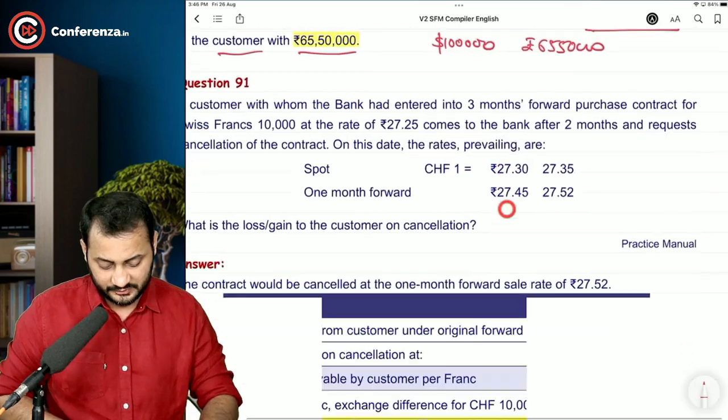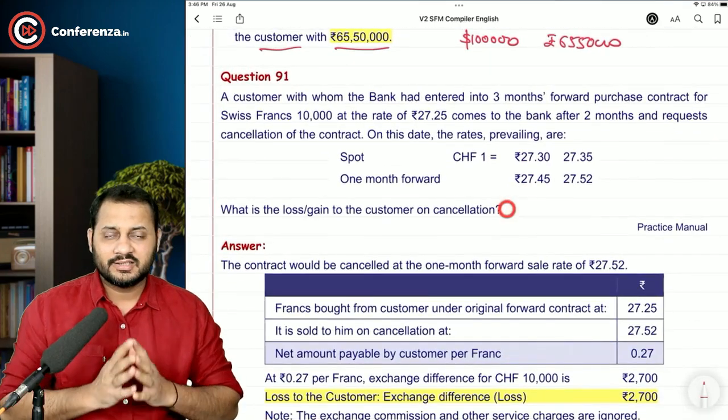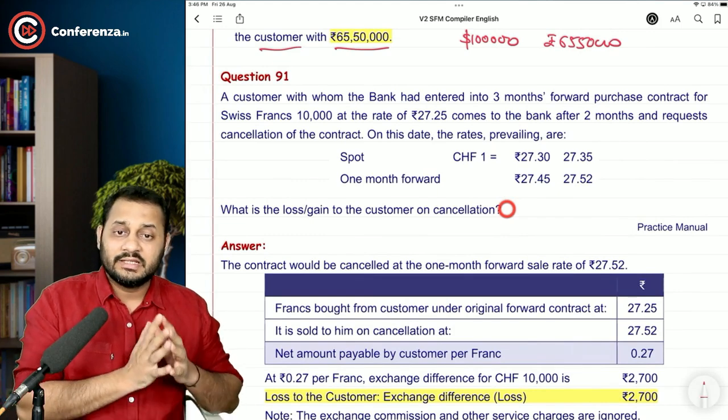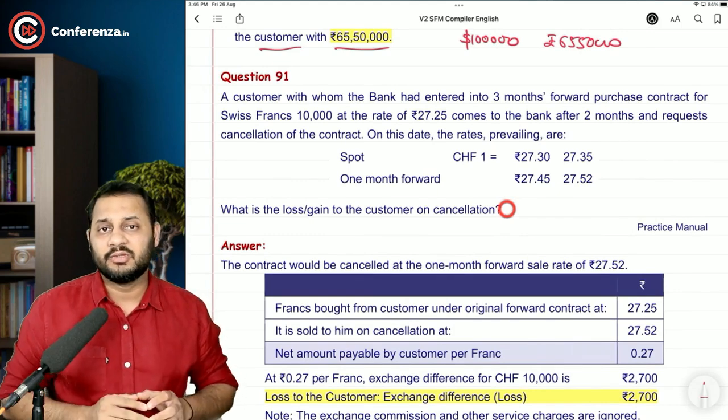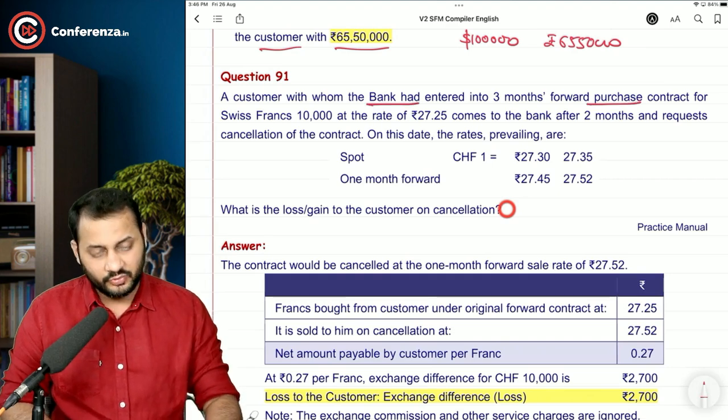Let's do some questions on this. You will realize it. A customer with whom the bank had entered into a 3-month forward purchase contract. See, the bank had entered into a purchase contract.